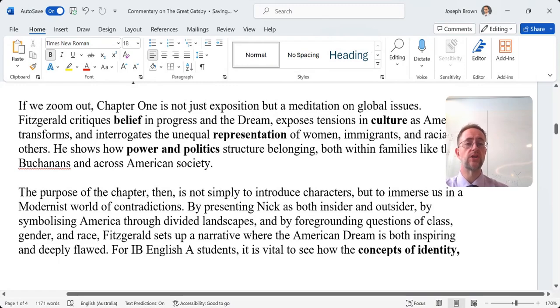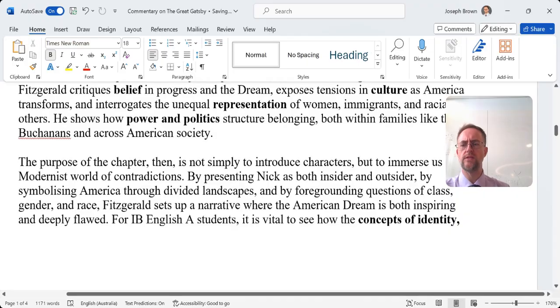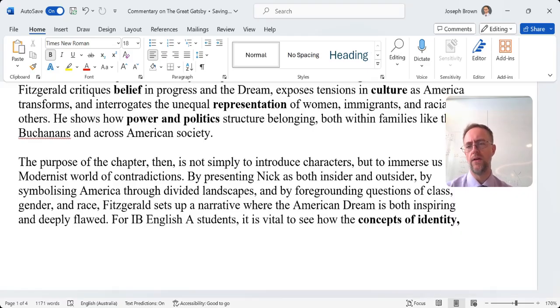And exposes tension in culture as America transforms and interrogates the unequal representation of women, immigrants, and racial others. So, this story might seem to paint over some of these things, but they're actually really there and they're present.